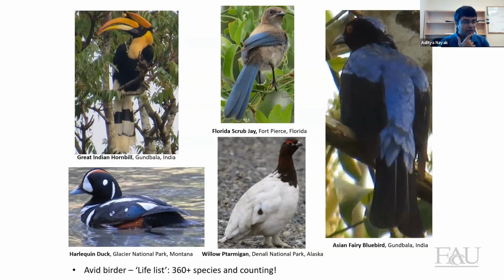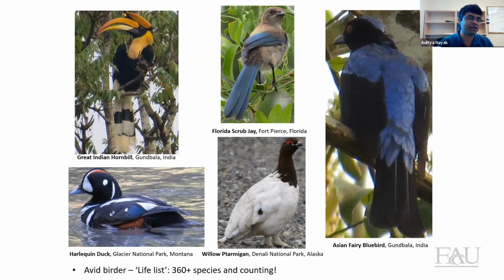Just another brief thing about myself. I really enjoy birding. My wife and I like to do this a lot in our spare time. I've birded a lot across different states in the US as well as India. Here are a few pictures of some really magnificent looking birds that we saw. Most of it is Florida and India based, but a couple of others are from Alaska and Montana.